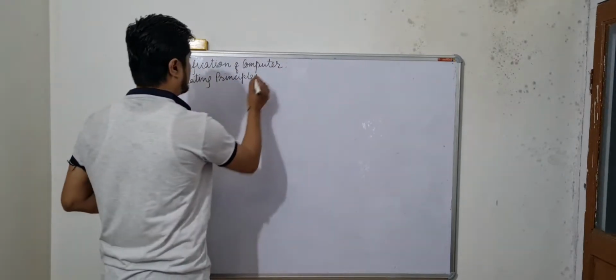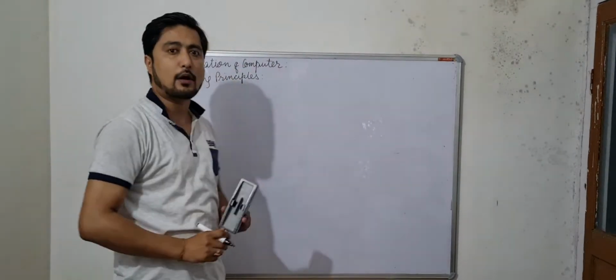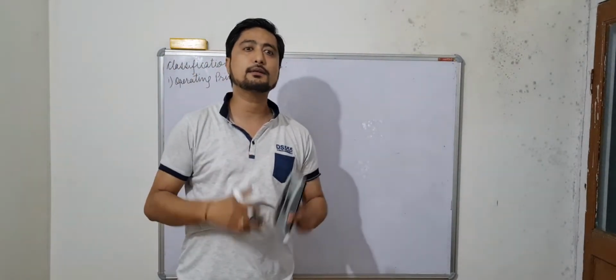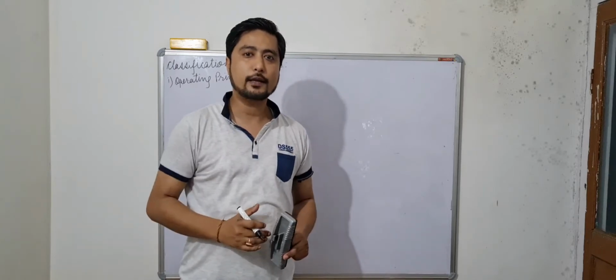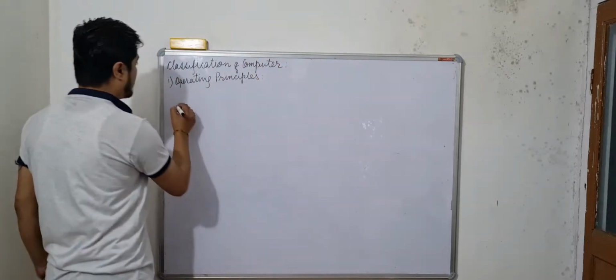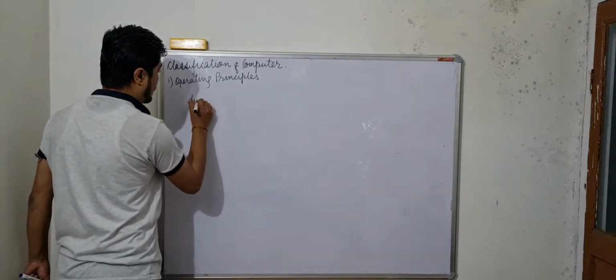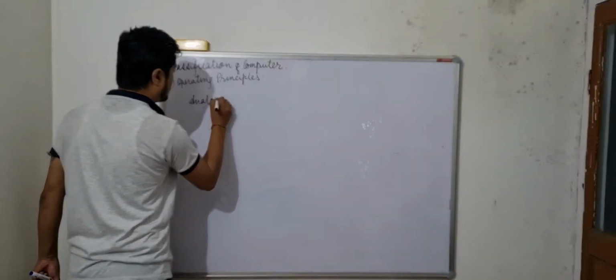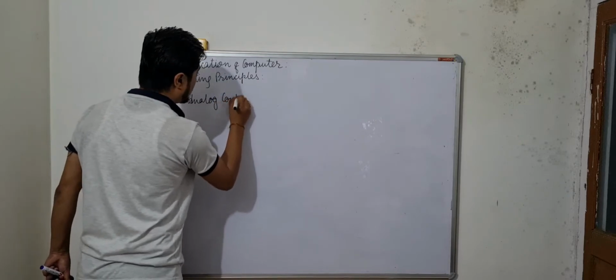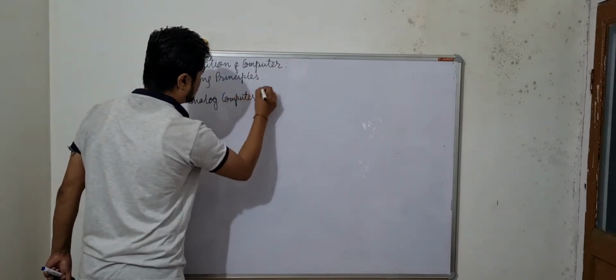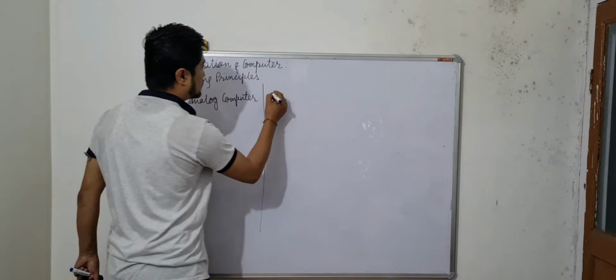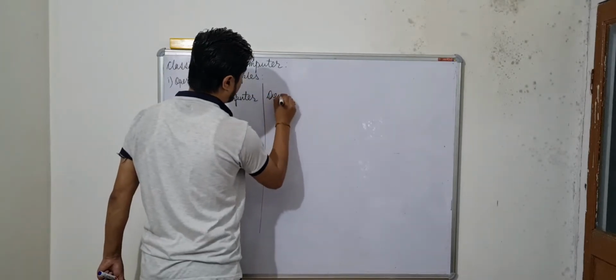Based on the operating principle, the computers are divided into three categories. Number one is analog computer. Number two, digital computer.